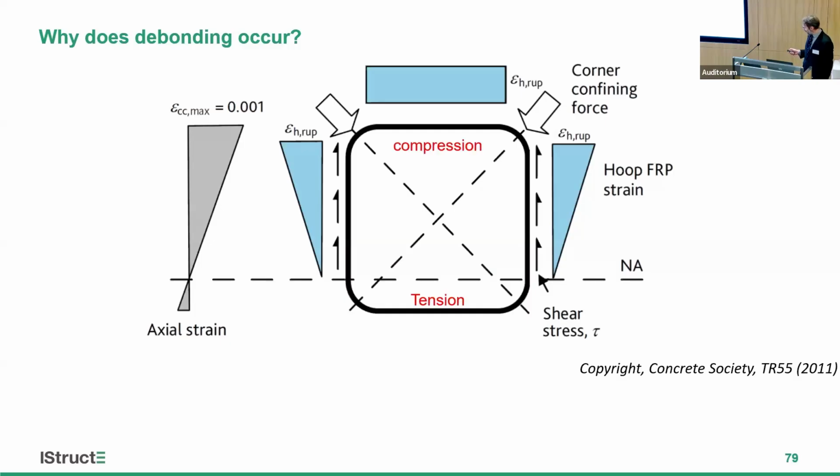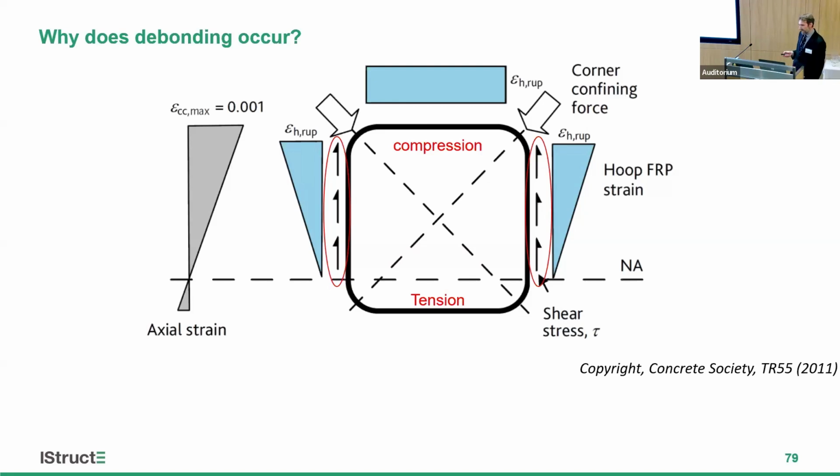the fact that if we've got some concrete in tension and some concrete in compression, the tension side, we're getting no mobilization of the FRP. We get this sort of linear increase in the strain in the FRP along the side faces. And so we're getting shear stresses along that side faces that if we exceed the shear strength of the concrete, then we get debonding happening.